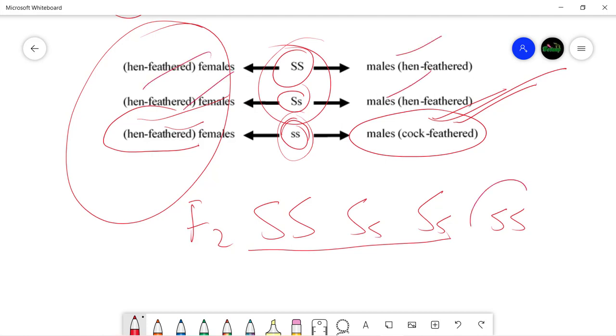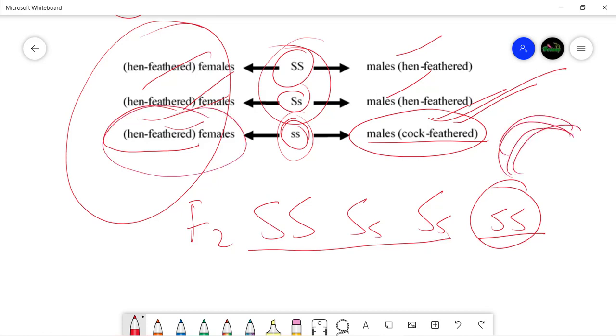But this homozygous recessive, if it is a rooster or cock, has cock feathering, that is sickle shaped feathers of the tail, and if it's a hen, it will have hen feathers. So the effect of this particular trait is limited to males only. So this was a discussion of sex influenced and sex limited genes.